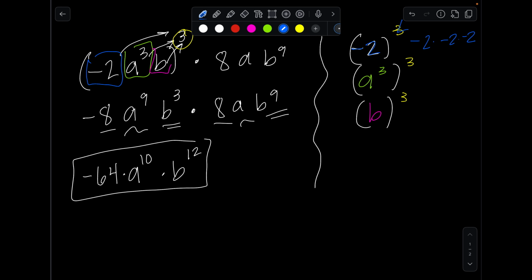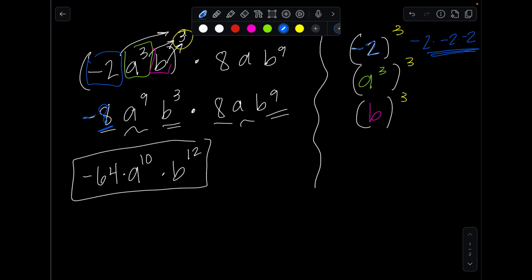If there were 4, it would be a positive number. So if there's an odd number of negatives, it'll be negative. If there are an even amount of negatives, it'll be positive, right? So this 8 is right here.